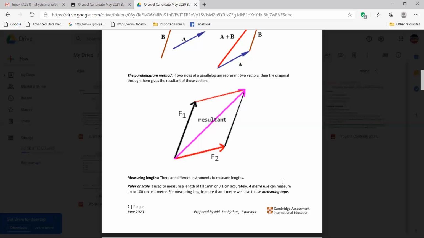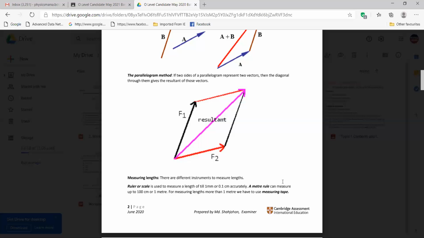Yes, sir. So this instrument is giving you maximum 30 centimeter and minimum 1 millimeter accurately, right? Yes, sir. If you take a 1 meter rule, that is 100 centimeter long, that will help you to measure till 1 meter, right? Yes, sir.